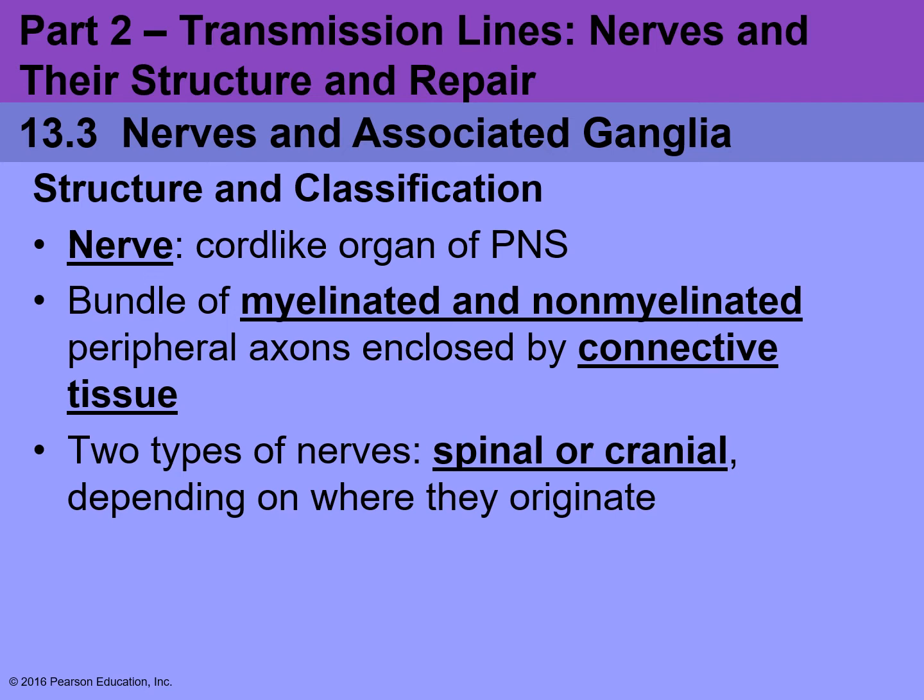So how are the nerves structured? How are they repaired in the peripheral nervous system? In terms of structure and classification, the nerve itself is considered an organ. You have a bundle of myelinated and non-myelinated axons held together by connective tissue.